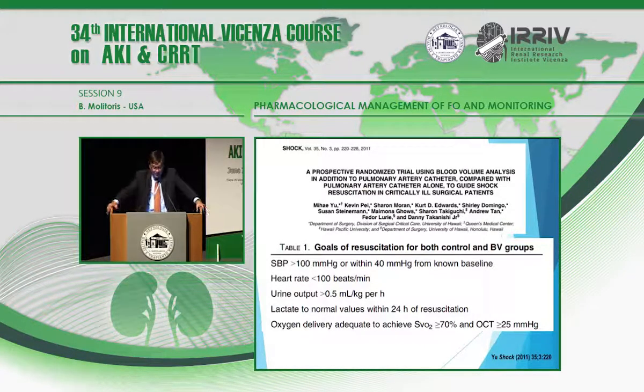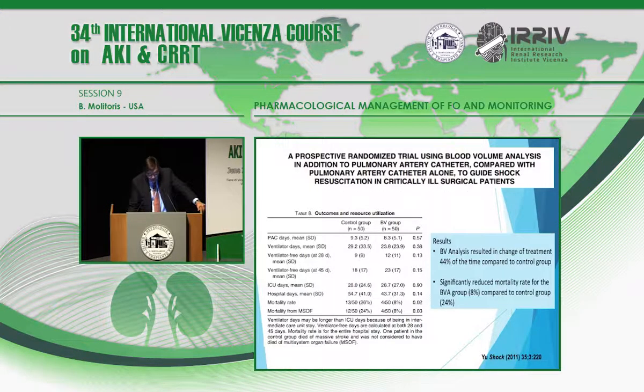Another paper, this time by Yu in Shock a little more recently, where they looked at resuscitation both with blood volume management and without knowing the blood volume. There are their goals, resuscitation, fairly straightforward goals.